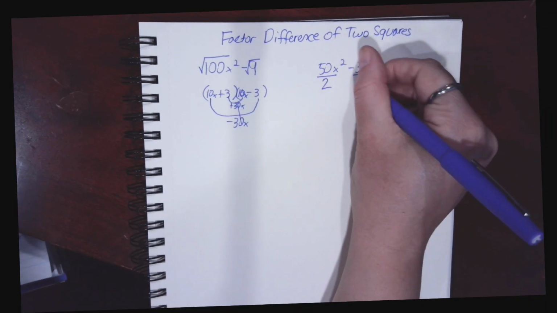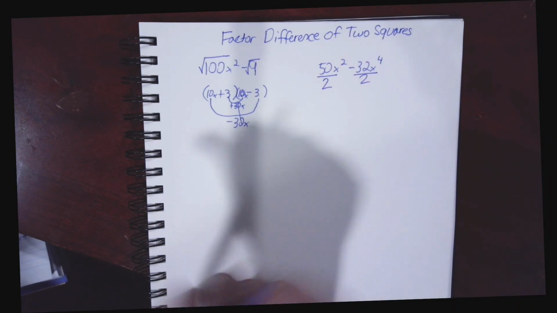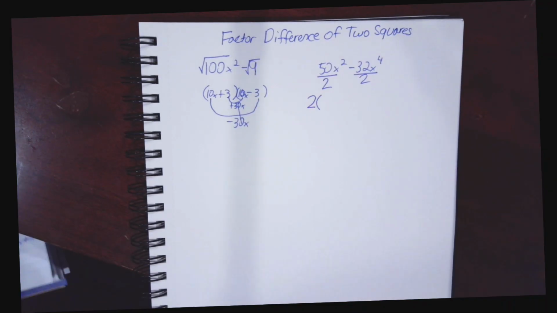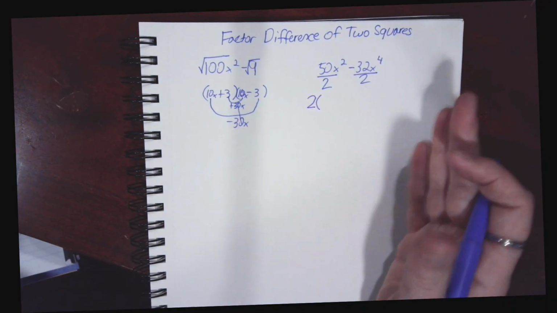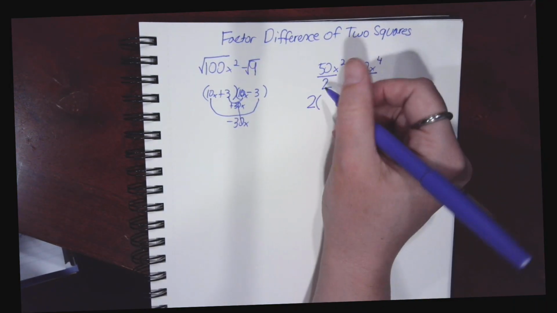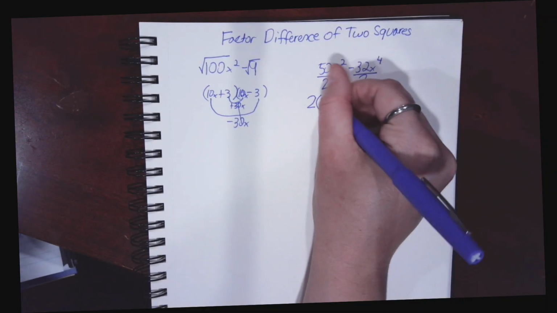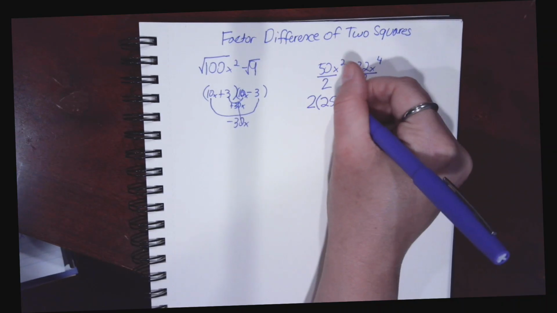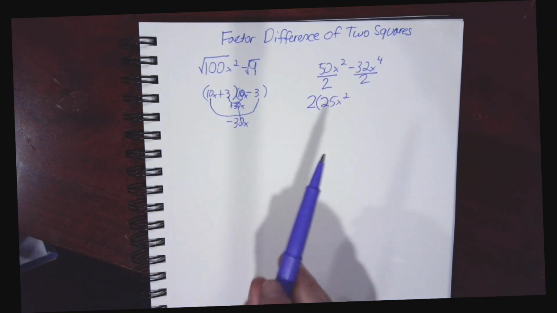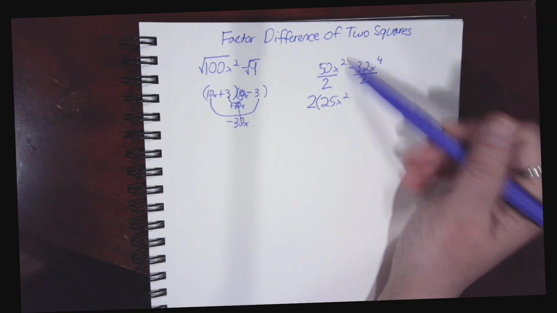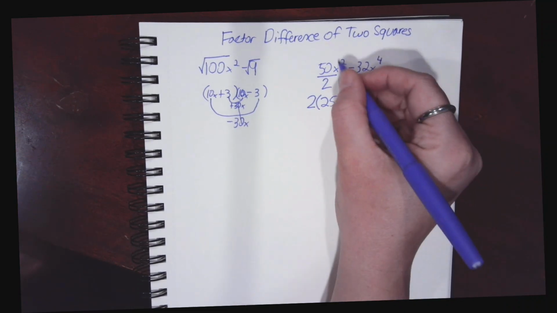Okay. Now, once I do that, I have to show that 2 in front of my new problem that I'm looking at. So I'm going to do 50 divided by 2, which will give me 25x squared. Now, I noticed that some people, when we would divide, they would mess with the exponent.